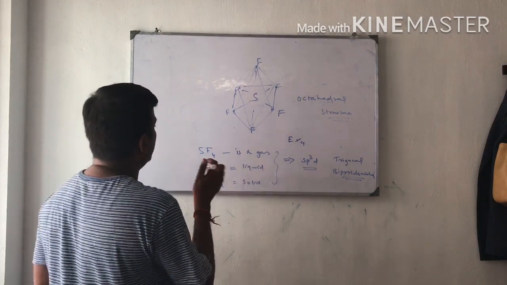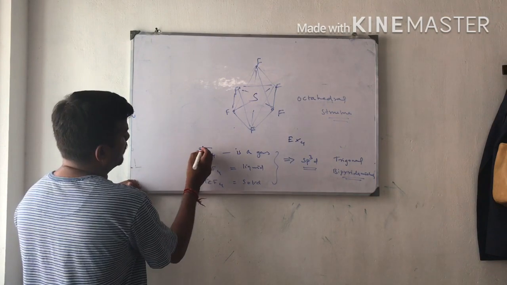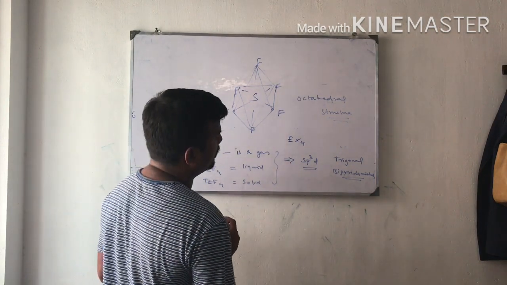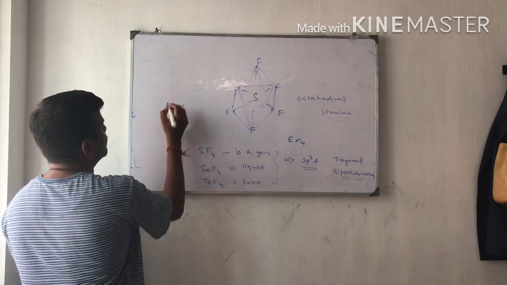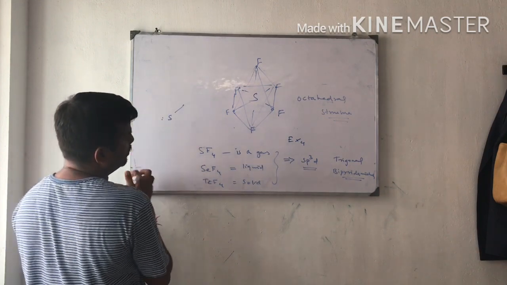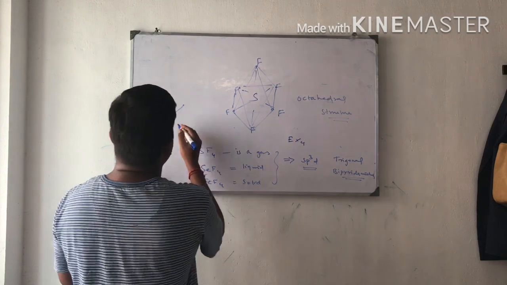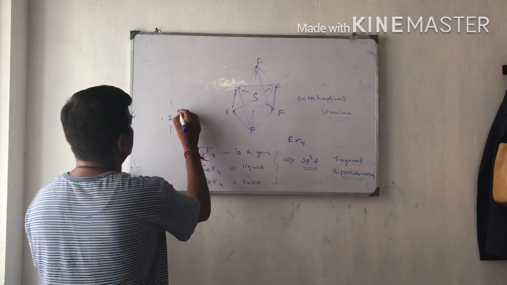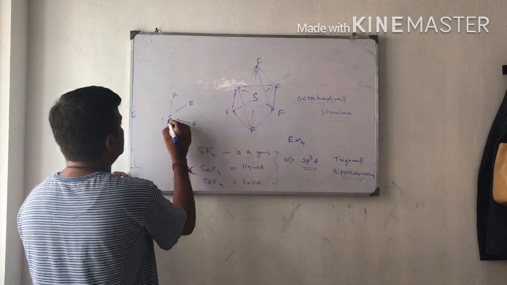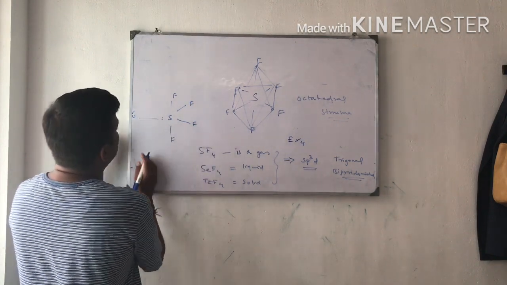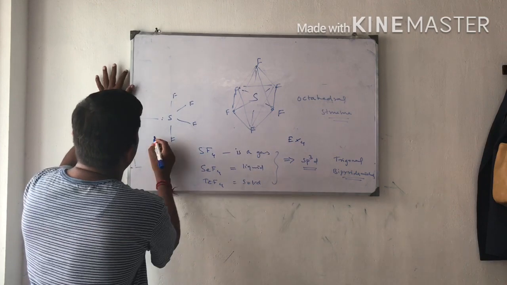One lone pair of electrons is present in the equatorial position, according to the Sidgwick model. These compounds are like this, trigonal bipyramidal. SF4 is like a Sidgwick model. This is the structure of SF4.